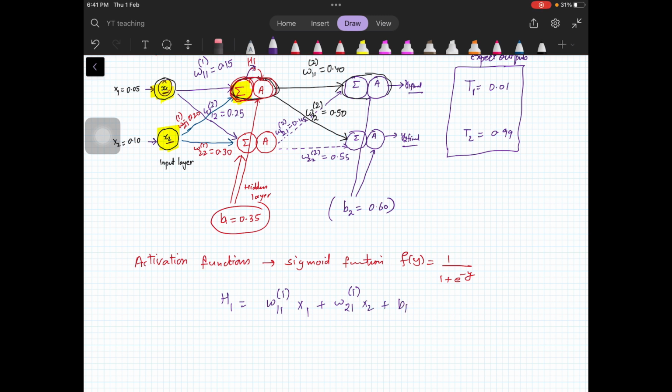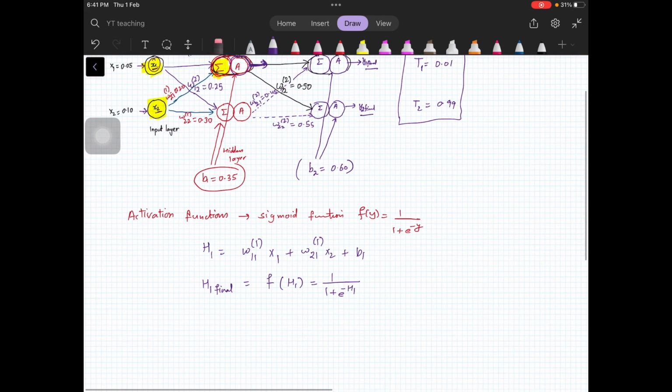This is my h1. Then this h1 will go to the activation function, and I'm calling this h1 final. That would be my activation function operating on h1, which is 1 over 1 plus e raised to power minus h1. Is that part clear? So this is my h1 final, coming out of here.